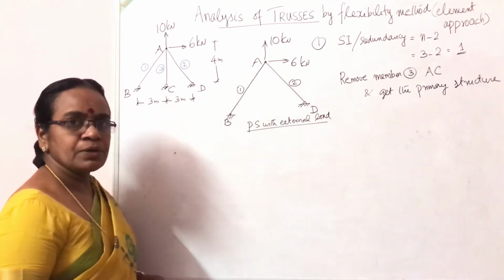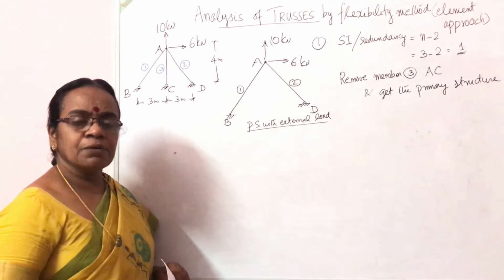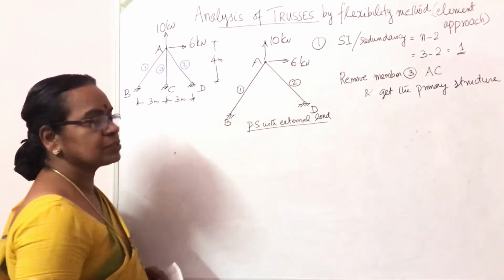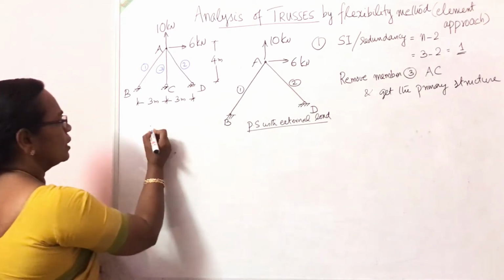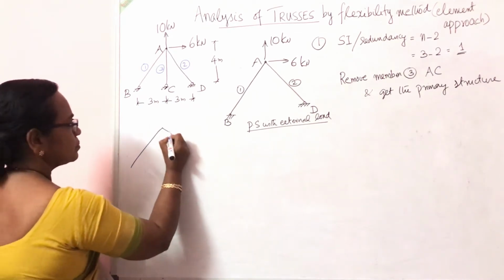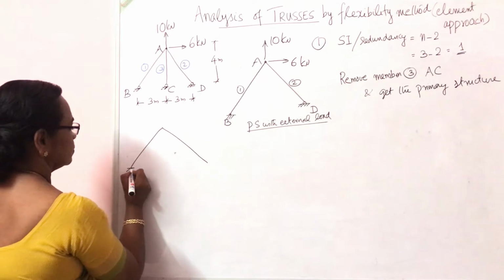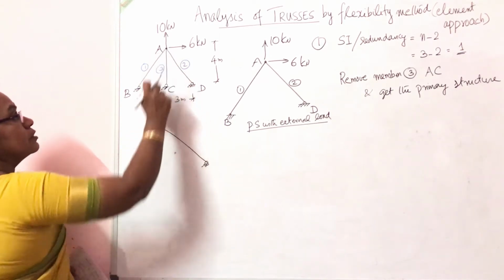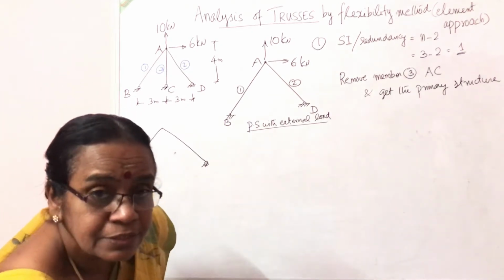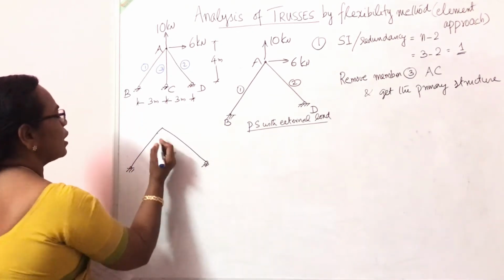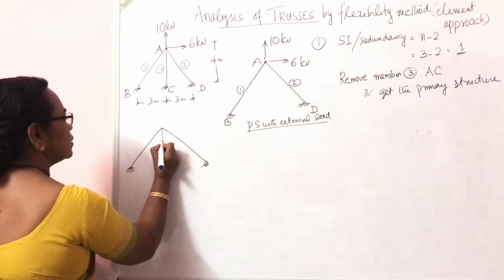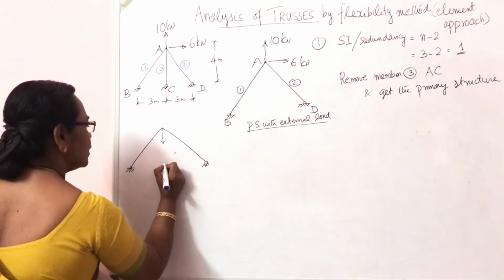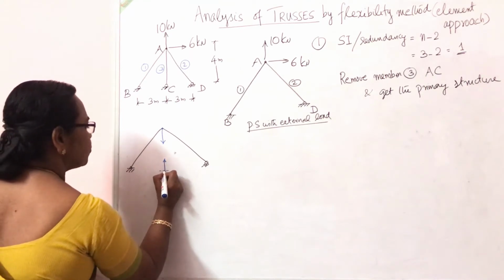So the first step: identify the redundant, remove the redundant and obtain the primary structure. I have marked the primary structure with external load. Now I will mark the primary structure with the redundant. What is the redundant? This member AC, the force in that member is the redundant force. I will assume that member is a tension member, so it pulls the joint A. Similarly, from here if I mark it, it pulls it.